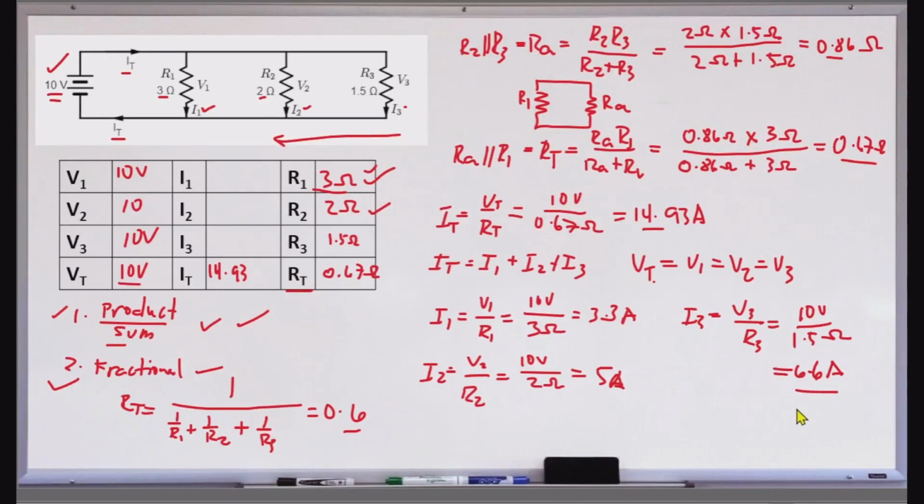Now, let us verify if this statement is true, meaning the sum of the individual currents should be equal to IT. So let's add 3.3, 5, and then 6.6.